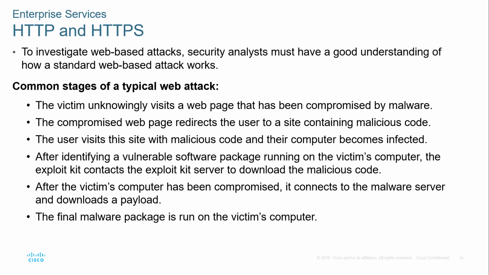It will look at all the applications you have, and if the malicious code finds an application that is susceptible or vulnerable to a type of attack that it knows about, it could then compromise that application. It can then exploit that vulnerability by downloading additional malicious code.